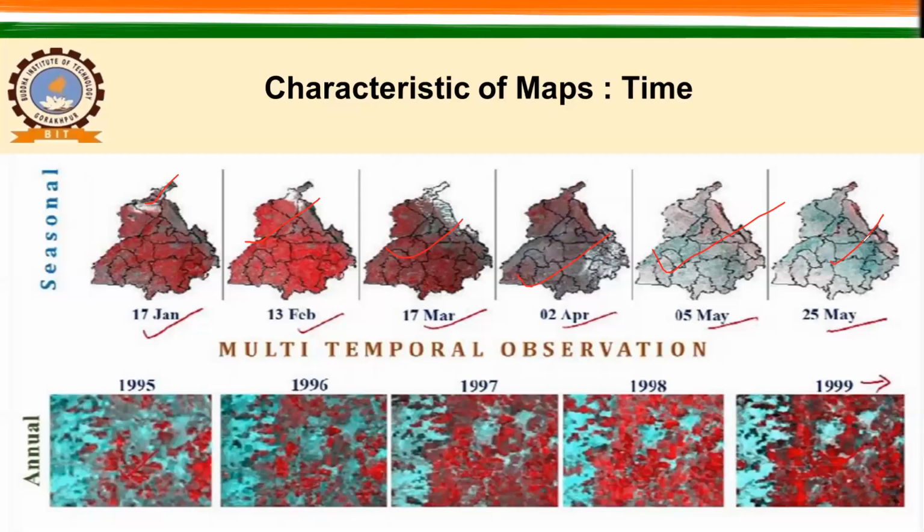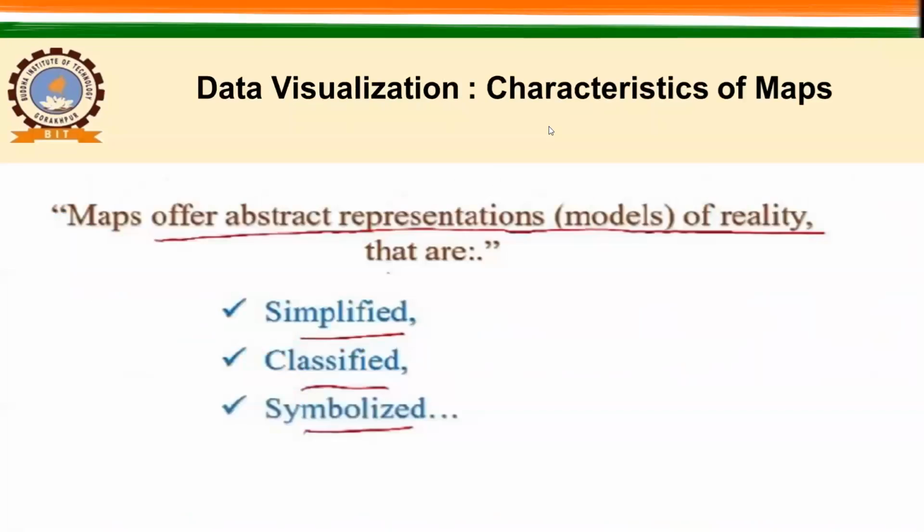Okay. So here we can see that these values are actually changing with the different places. So a map actually offers an abstract representation of reality. So first one is simplified, then classified, and then symbolized. Okay.